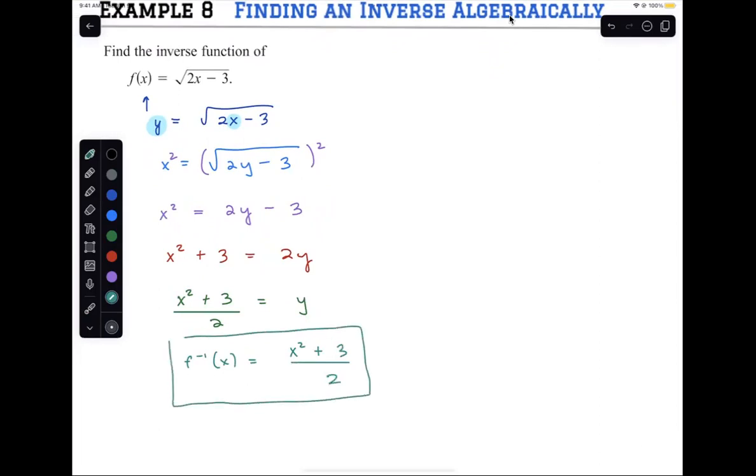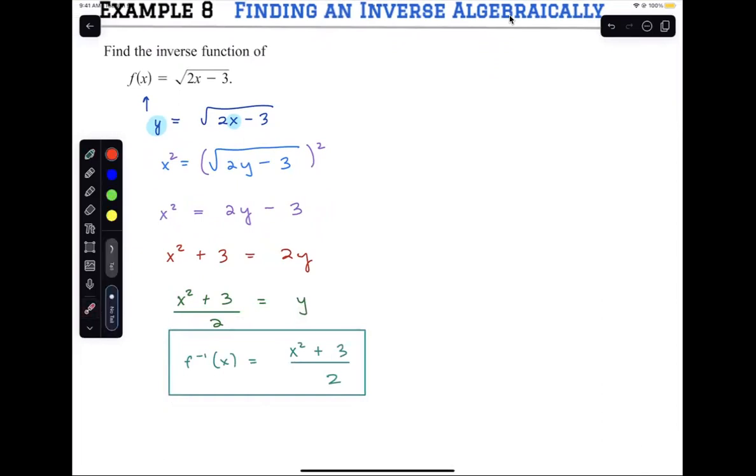Okay, now, one thing we have to pay attention to is the fact that the domain and range of these guys have to switch. So if we just looked at this because it's quadratic, we would say that the domain is all real numbers, but that's not true for this guy because we can't take the square root of a negative.